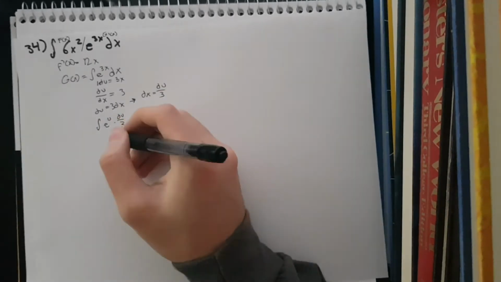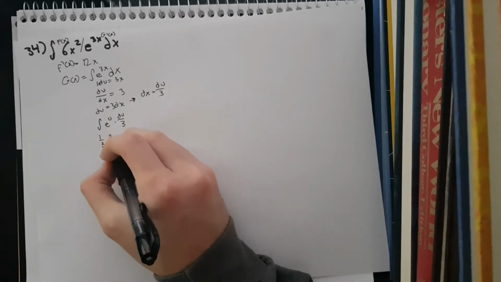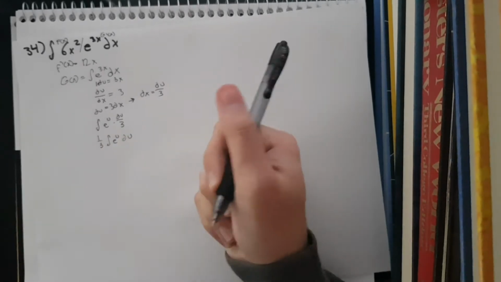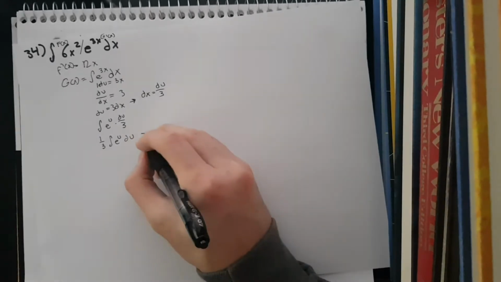And then we pull out the constant, which is 1/3. We know that the integral of e to the u is just e to the u.